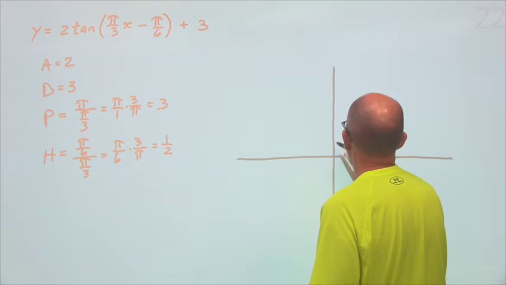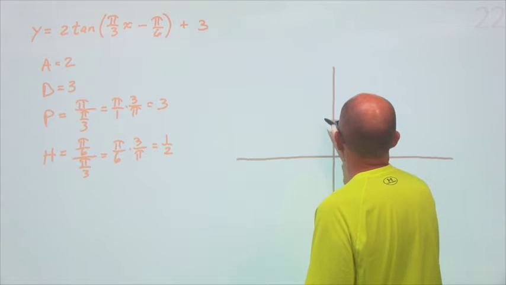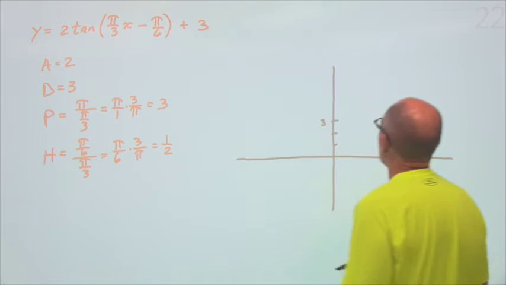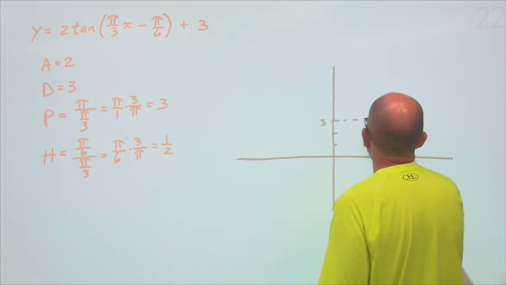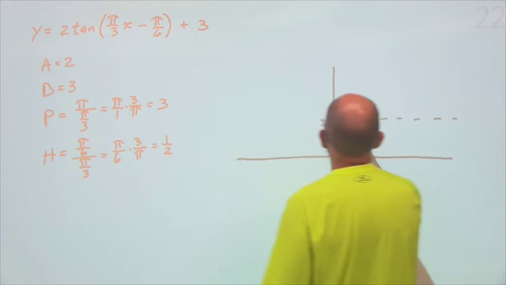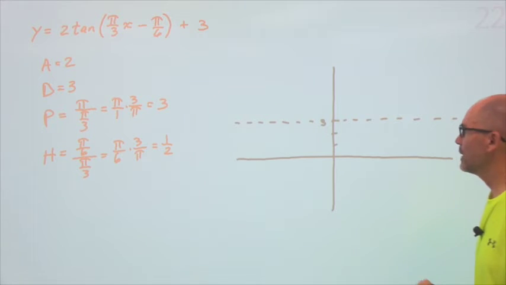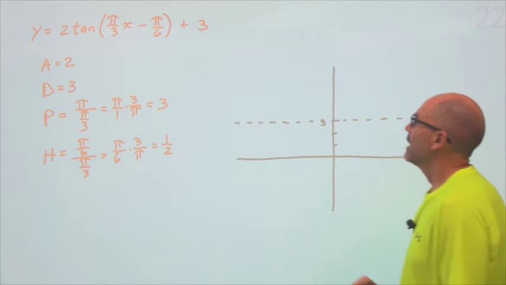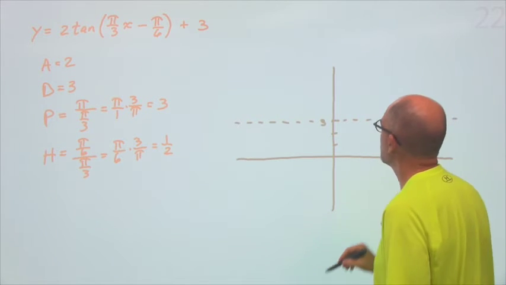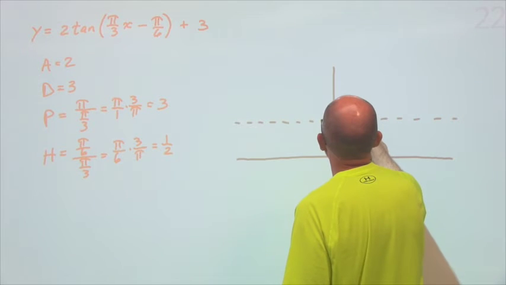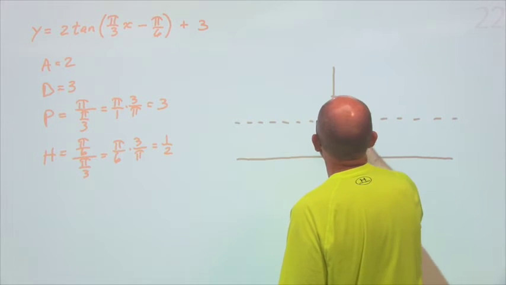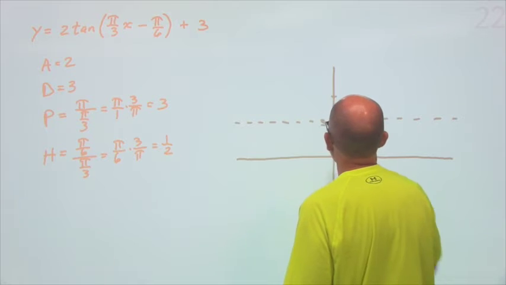So here's 1, 2, 3 up. Now this is our new midline. So we'll just draw a dotted line here. So this is what the x-axis used to be. Now, we have an amplitude of 2. So it's up to 5 and down to 1.